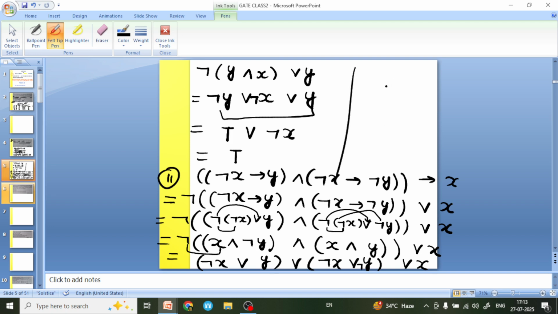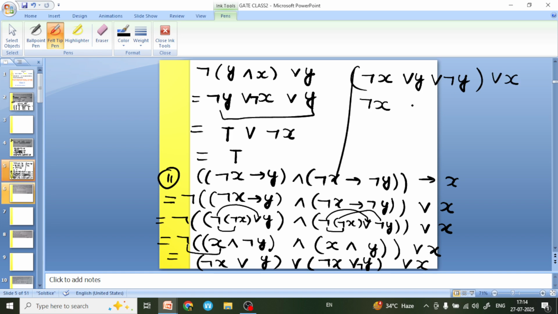And you can see here, you can take not x common, and not x or not x is one time not x, or y or not y, or x.